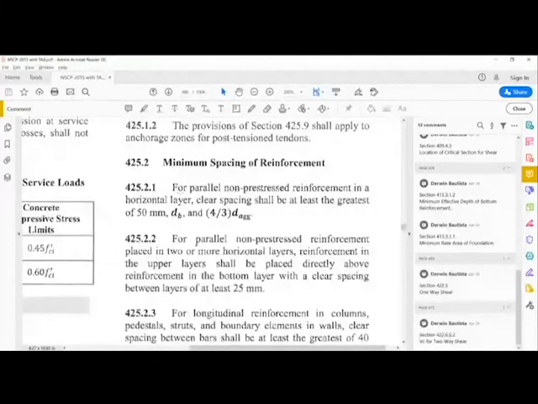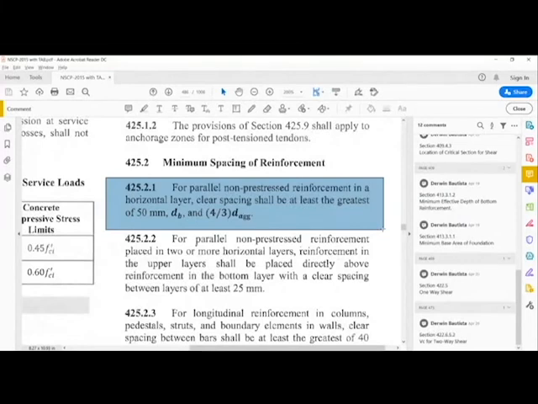Parallel non-pre-stressed reinforcement in a horizontal layer, clear spacing shall be the greatest of 50 millimeter, the diameter of bar, and 4/3 of the diameter of the aggregate. Since we don't have the diameter of the aggregate, we can actually neglect this. We just compare 50 millimeter and the diameter of bar.